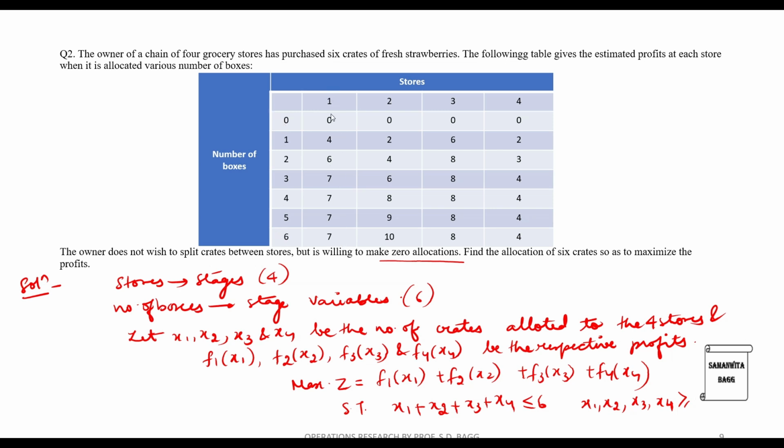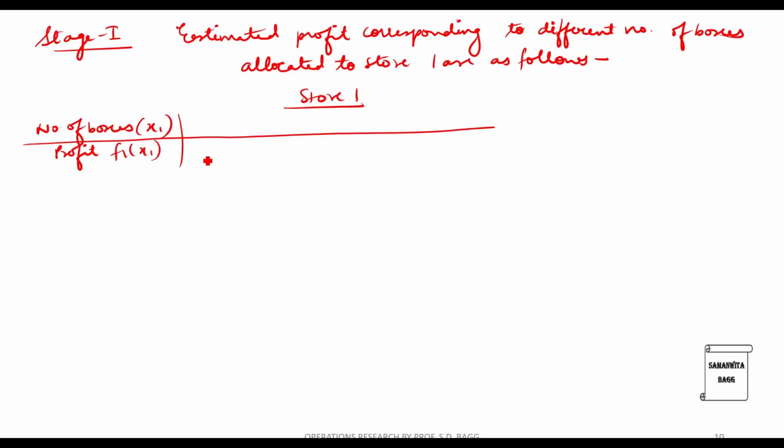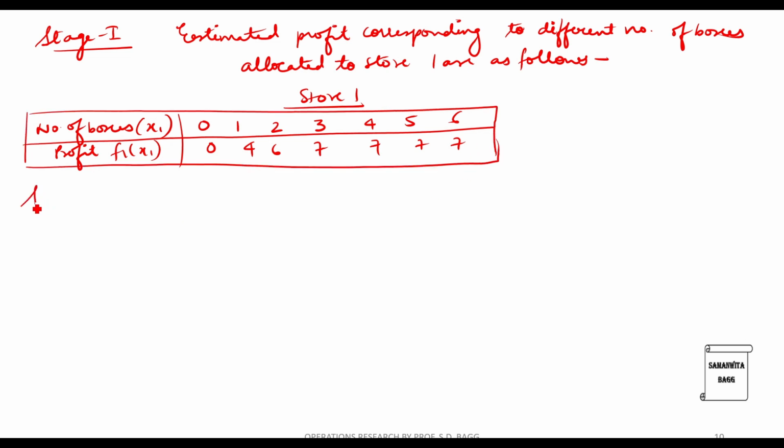So I'll write down these values for f1 x1. So this is 0, 1, 2, 3, 4, 5, 6, and here we have 0, 4, 6, 7, 7, 7, 7. So here I finish with stage 1.